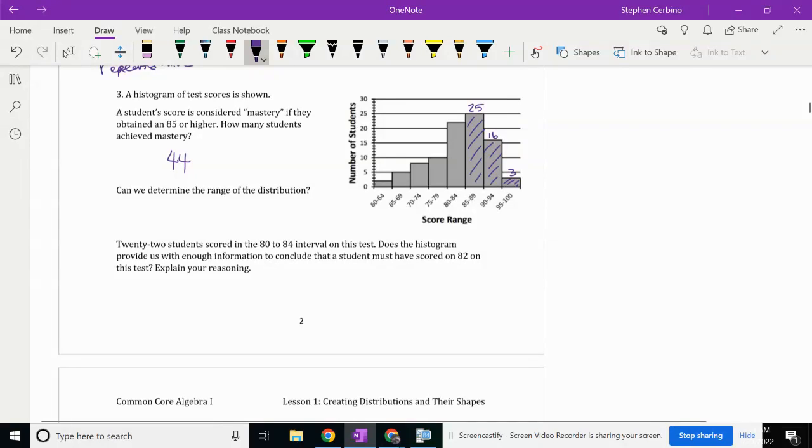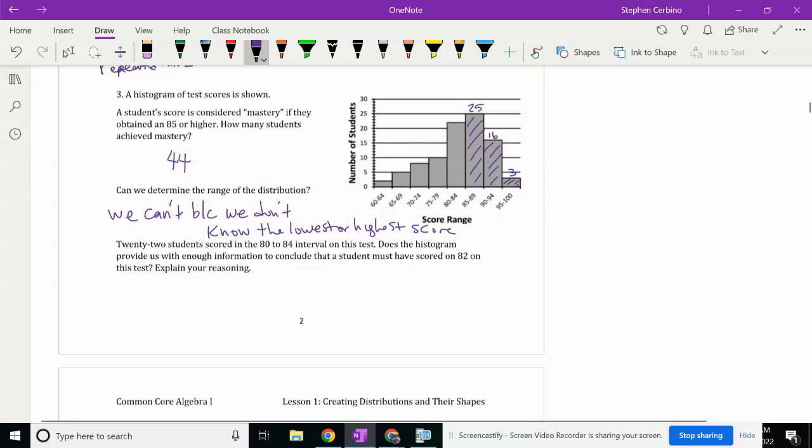So the next question says, can we determine the range of the distribution? The lowest score to the highest score? And for that question, we can't, right? We can't because we don't know the lowest or highest score.